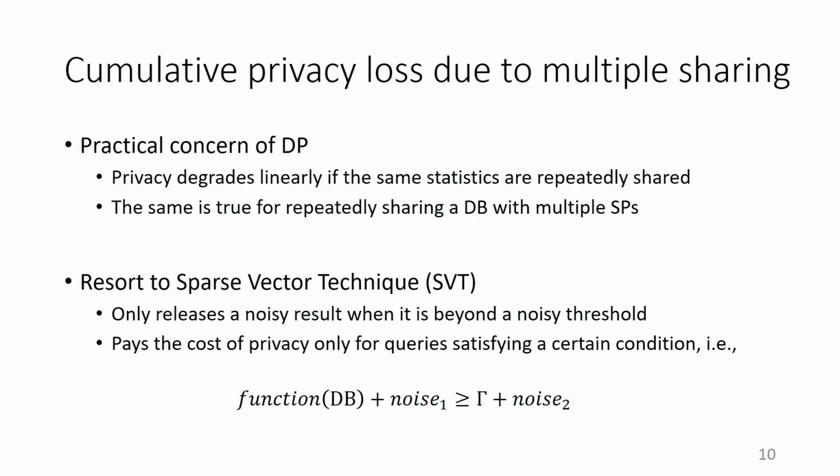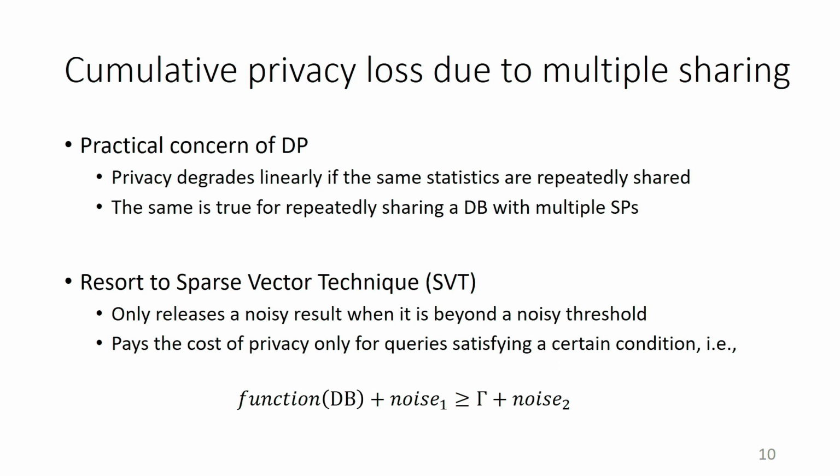Another important concern when applying differential privacy in the real world is the cumulative privacy loss. The privacy will degrade linearly if the same statistics are calculated and repeatedly shared. This is the same for repeatedly releasing a database under a differential privacy guarantee. We want to control the cumulative privacy loss in this process by using the sparse vector technique.